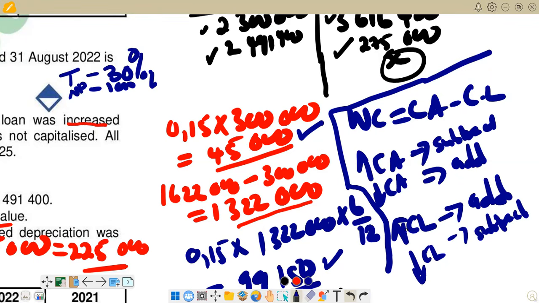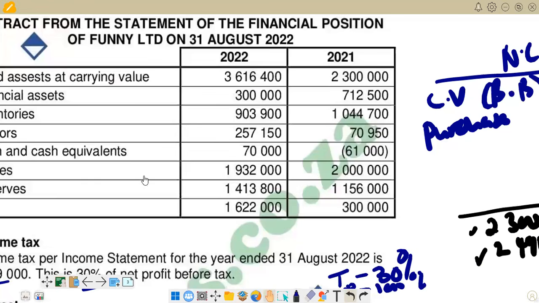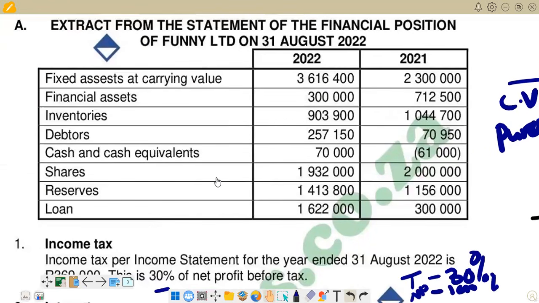So we can go and check in the list of balances that we have. We check the components that are there. Are they current assets or not? You see that the first, which is within current assets, is inventories. Inventory is moving from 2021 to 2022 from 1,044,700, decreasing to 903,900. So that's a decrease.